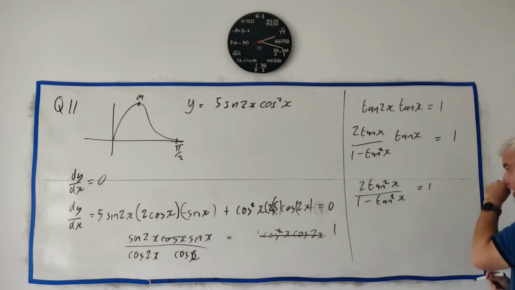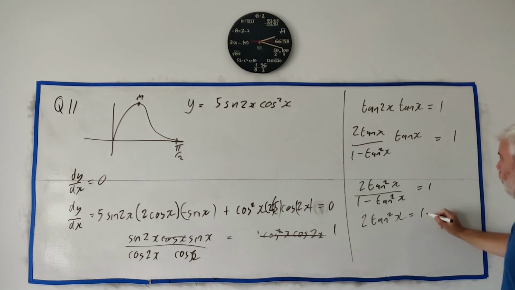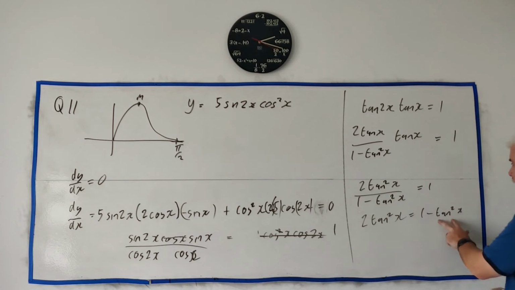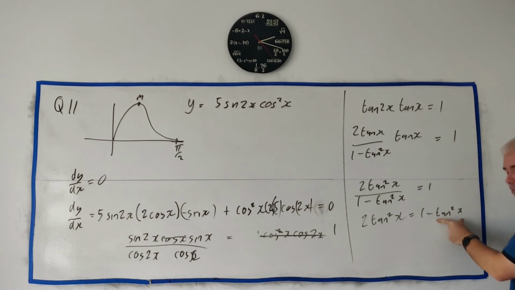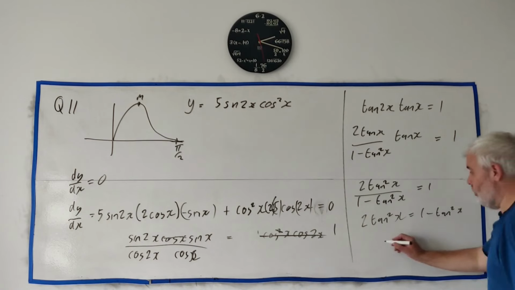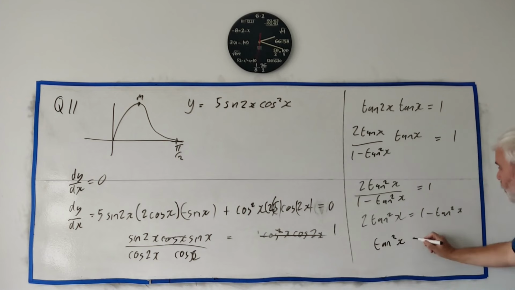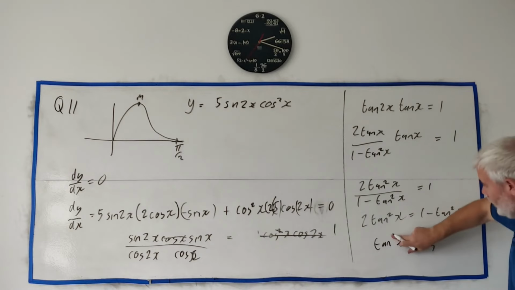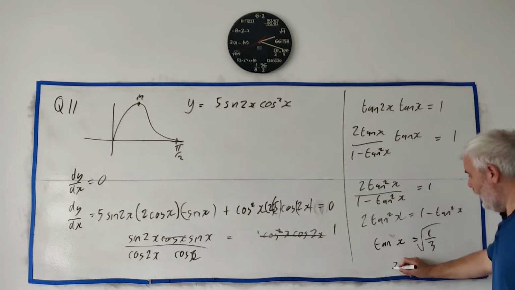Let's multiply that across. We get 2 tan squared x is equal to 1 minus tan squared x. Two tan squareds take away 1 tan squared. Well, this is take away, becomes added that side. So that becomes 3 tan squared x equals 1. Divide both sides, square root both sides. We get tan x is equal to 1 over root 3.